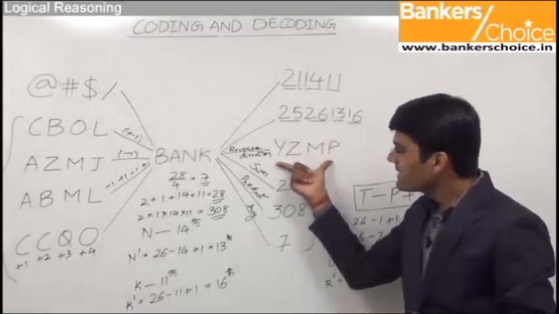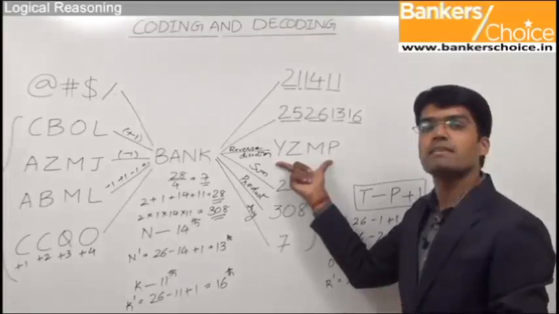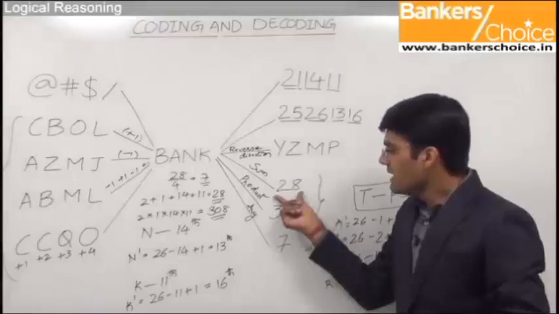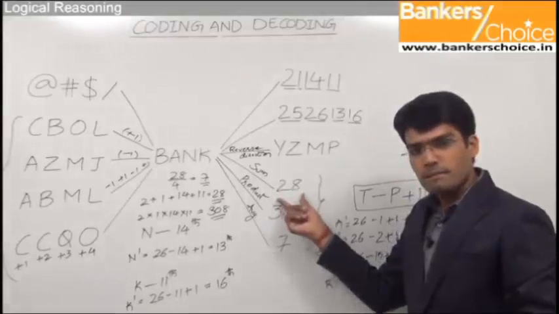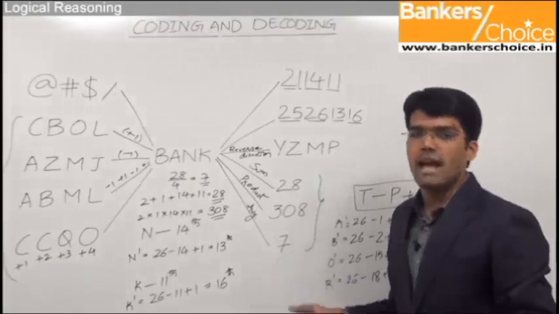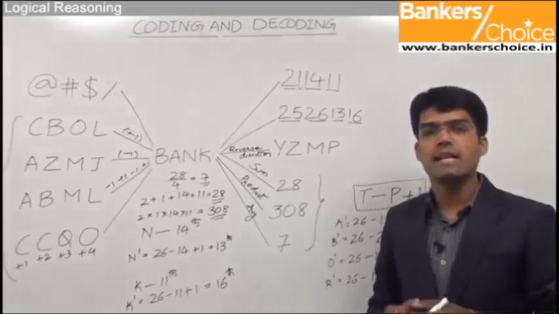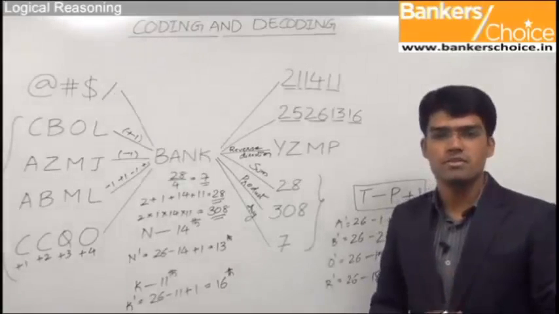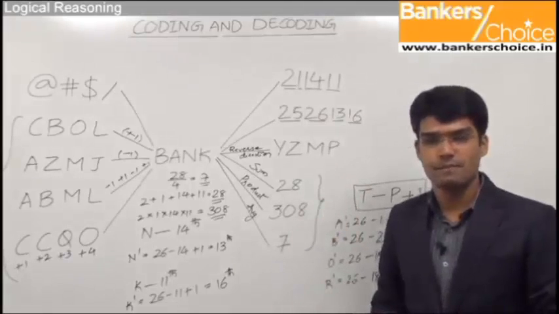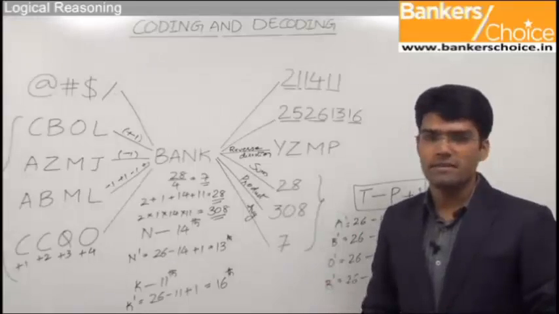In the third case, the letters have been replaced with those letters which come in the same position in the reverse alphabetical order. Next one is sum of the positions. This is the product of the positions, and the last one here is the average of the positions. So from this, it is very clear that we should be perfect with the positions of all the letters, so that we can crack these kind of logics. Let us now take some examples based on the various logics that we have discussed just now.